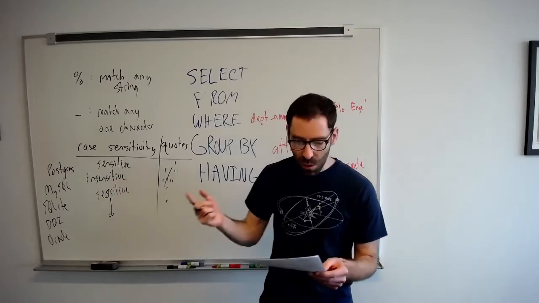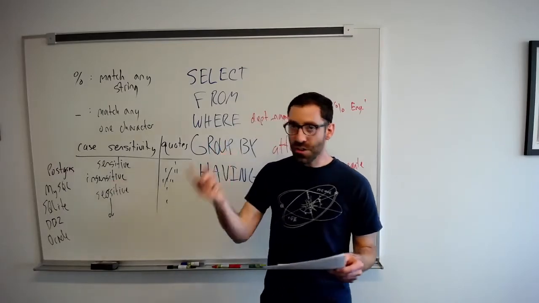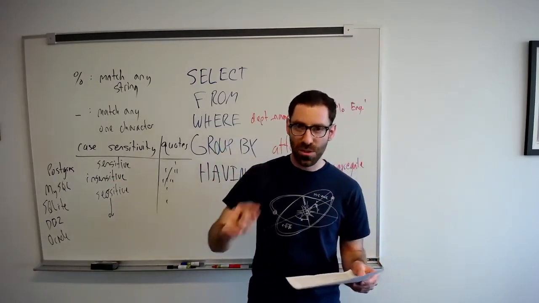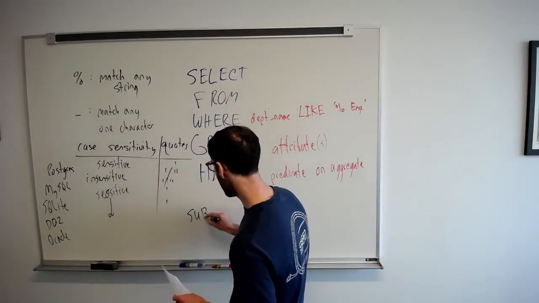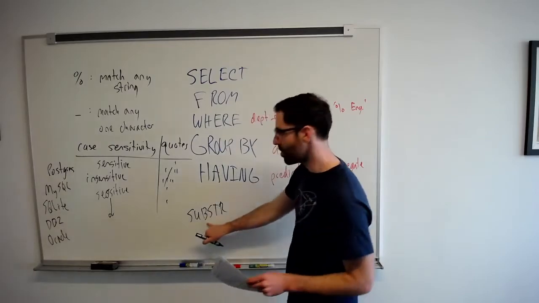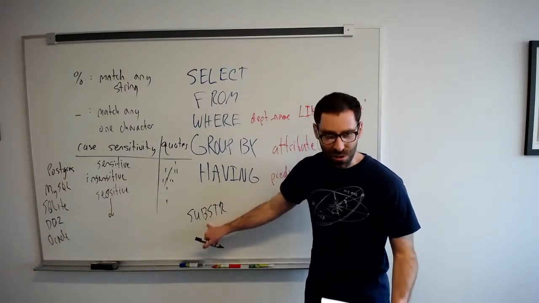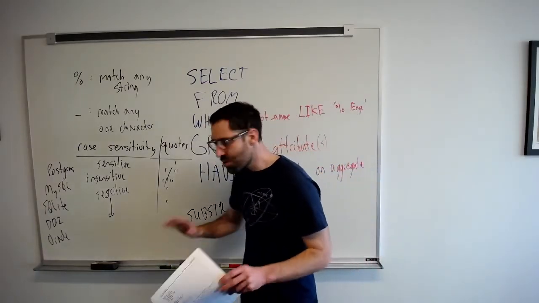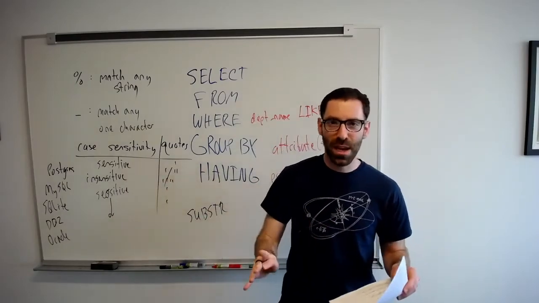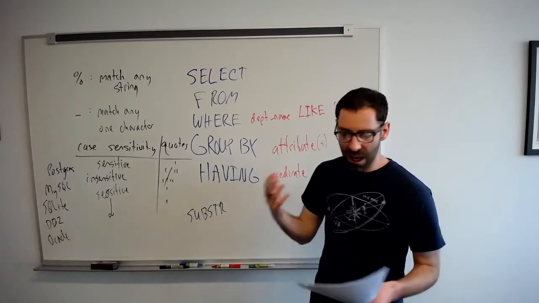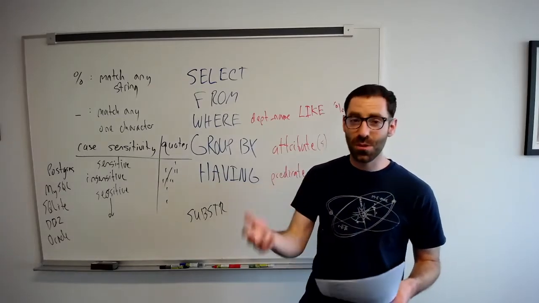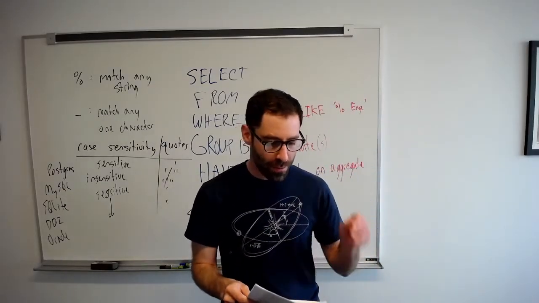But SQLite doesn't have substring, it calls the function substr instead. These sort of differences, where each database management system is doing its own thing a little bit, are something you definitely need to be aware of.